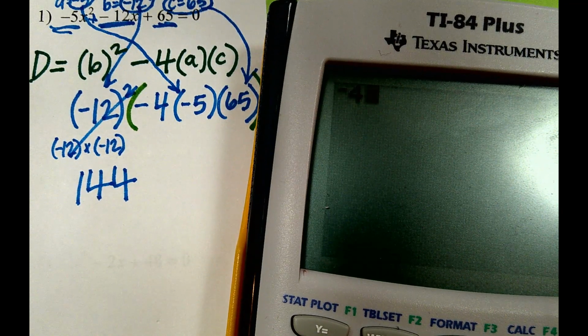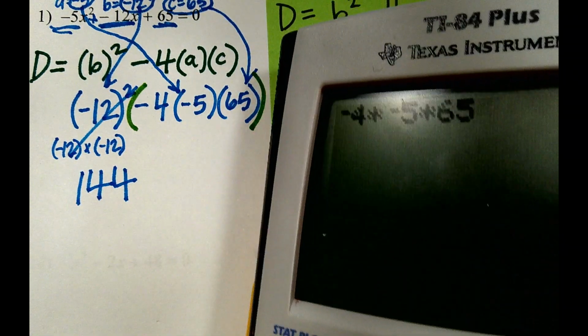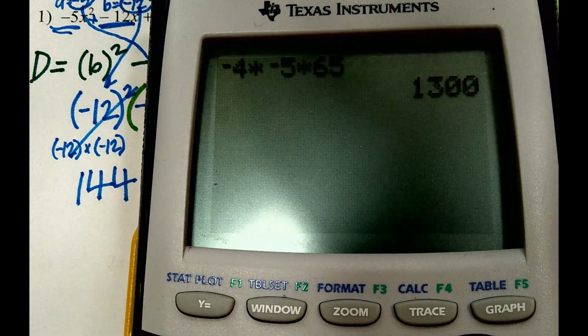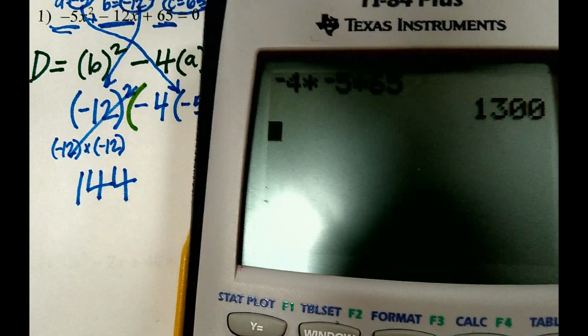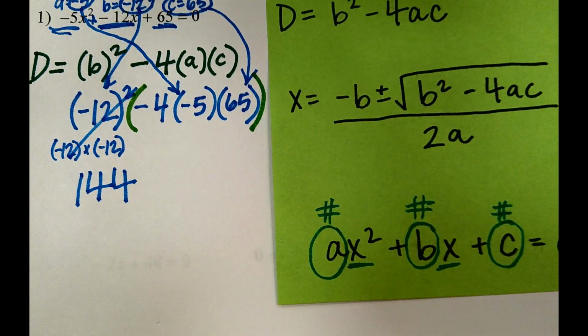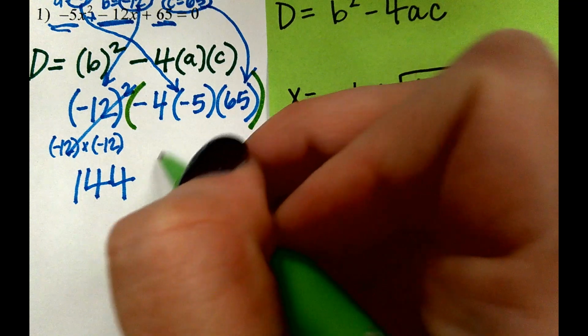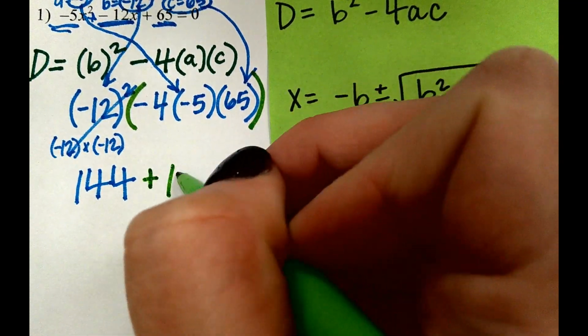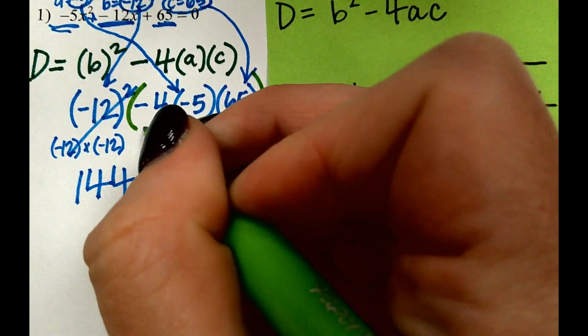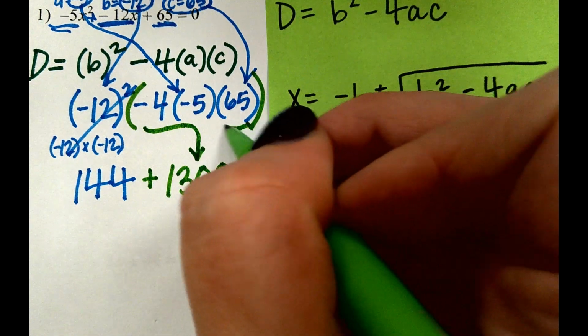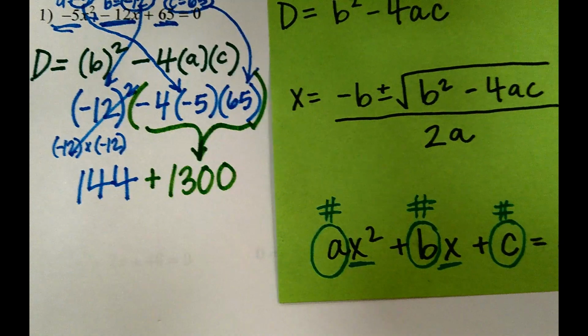Negative 4 times negative 5 times 65, and we get 1,300. This is positive 1,300, so plus 1,300. That's how we got to there.